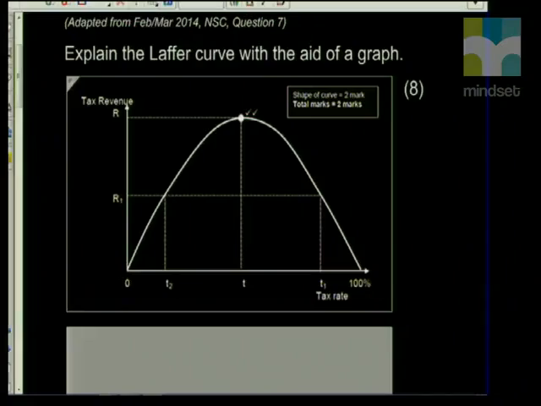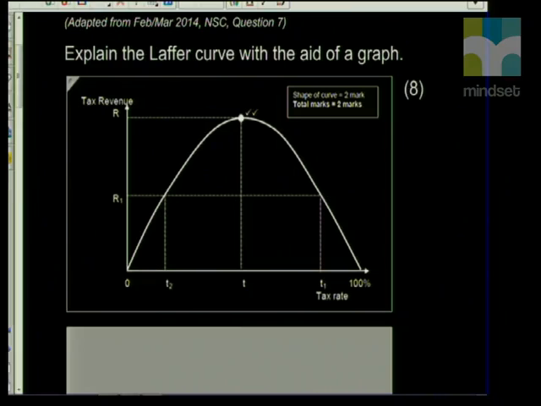But we cannot explain this in a vacuum. I just want people to see it live. This is the situation. We have our Laffer curve. On the vertical axis, we see the tax revenue displayed there. And on the horizontal axis, we have 100% as the tax rate. That is the last part.